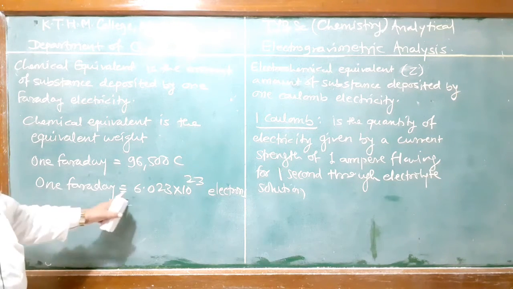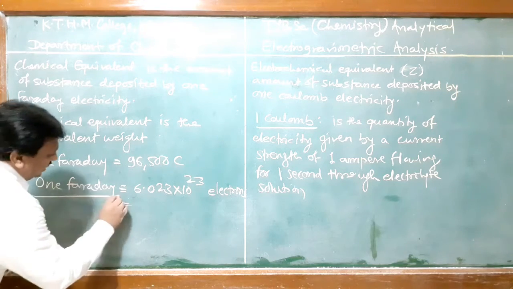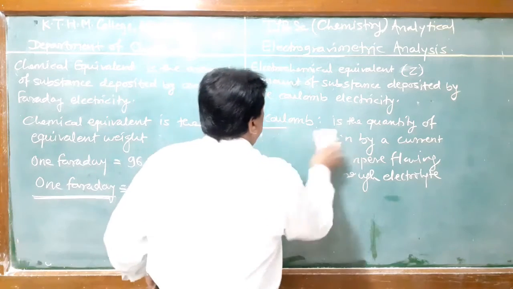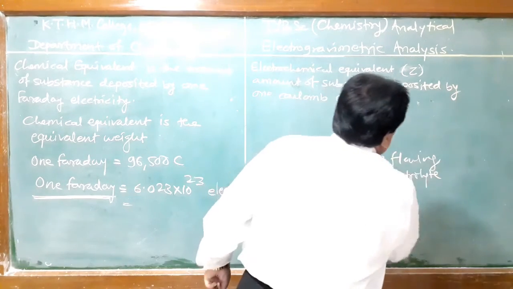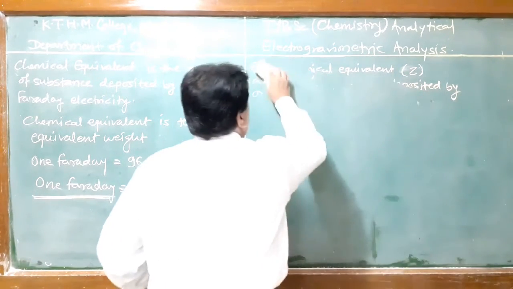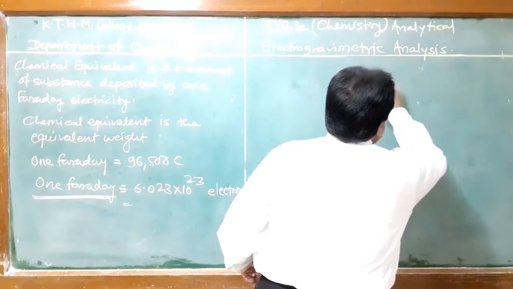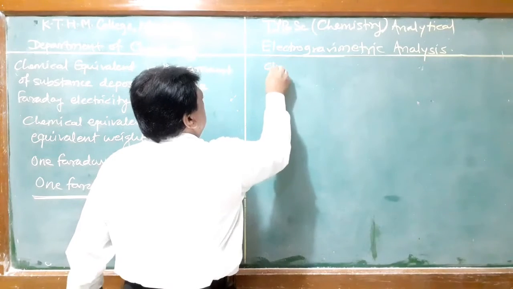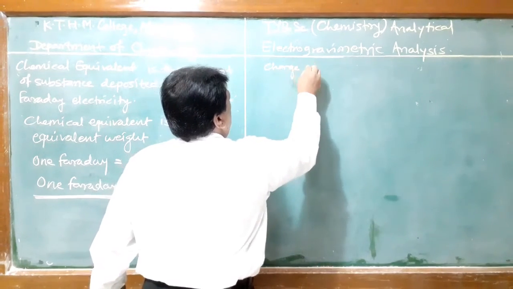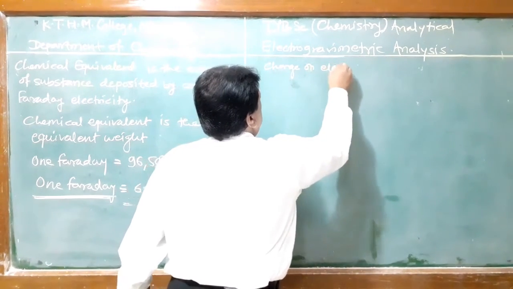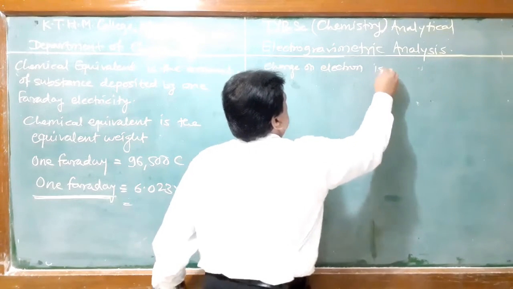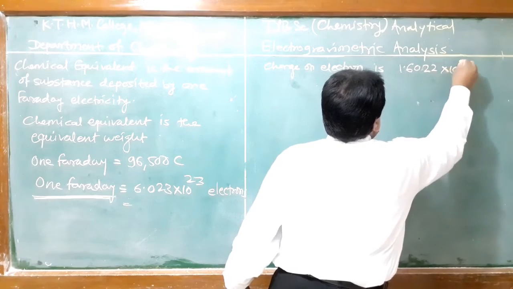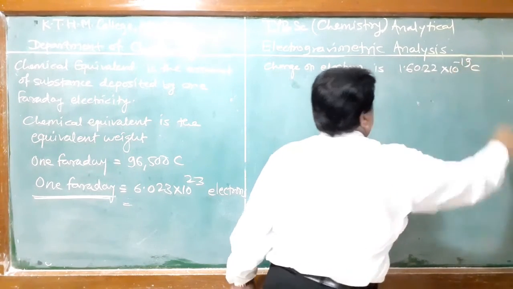Now we discuss how this 1 Faraday quantity comes. We know that the charge on the electron is 1.6022 into 10 raised to minus 19 coulomb.